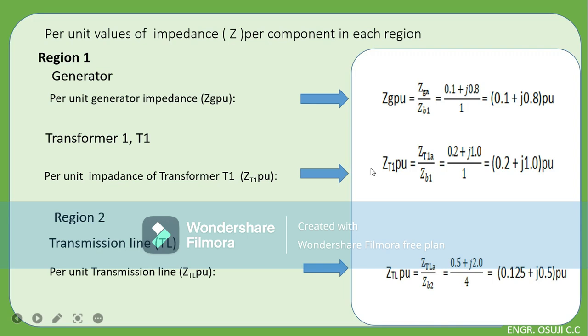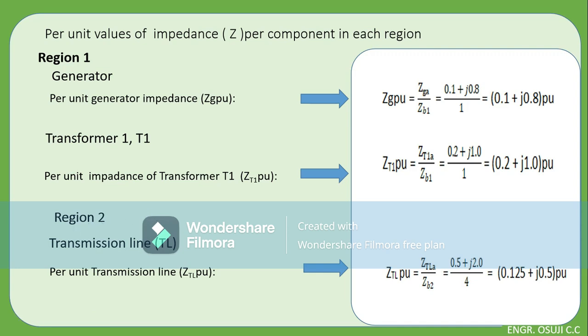Now T1, we told you, because the impedance was referred to the primary side, so we take what's the base impedance for the primary side, which is region 1, is actually 1. So we apply that with the formula we have, and at the end of the day, this will be our per unit value.